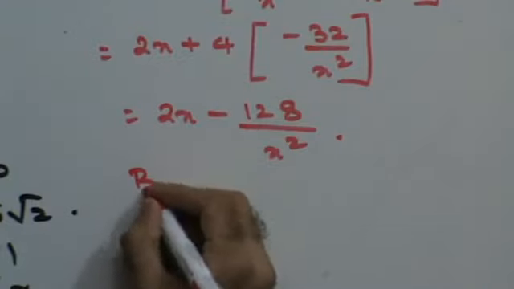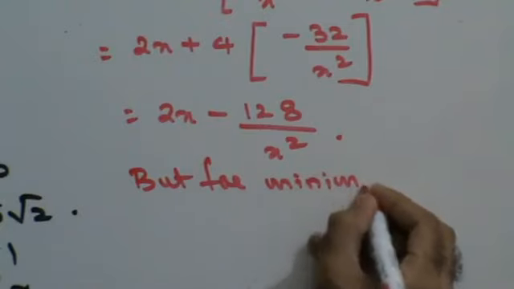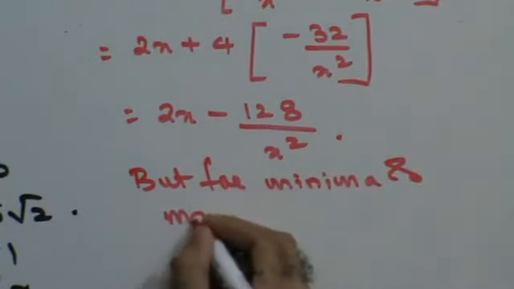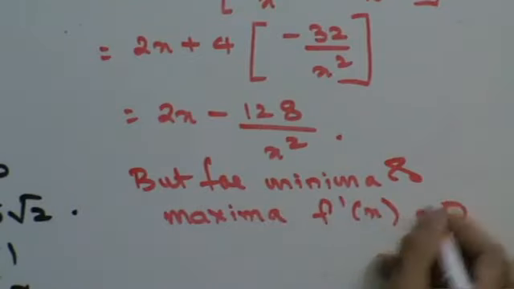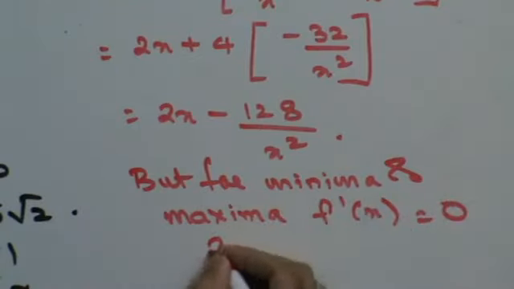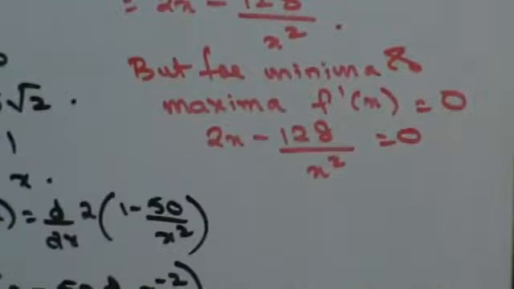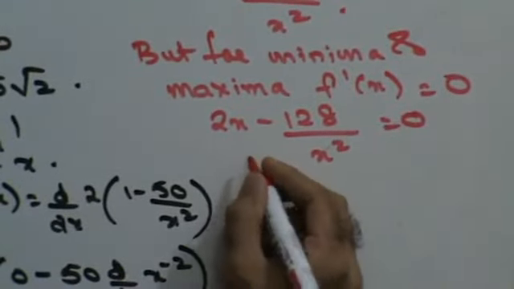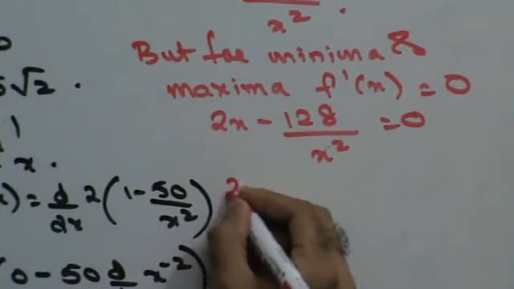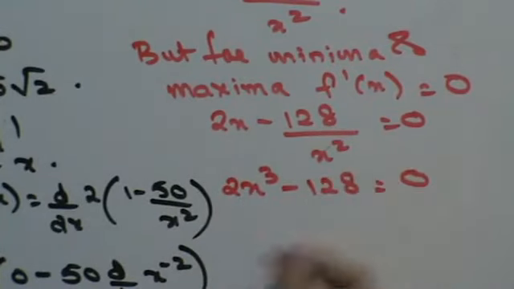But for minima and maxima, f bar of x should be equal to 0. That means 2x minus 128 upon x square should be equal to 0, in which case I should say that 2x cube minus 128 is equal to 0.